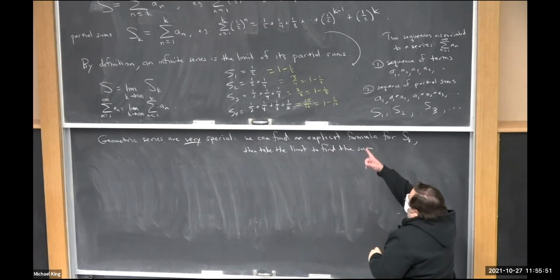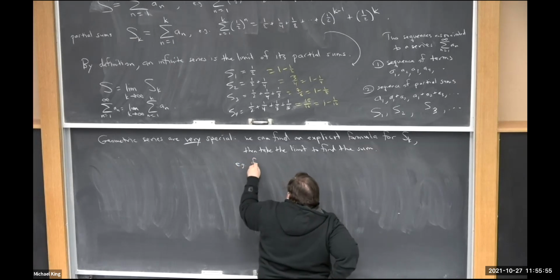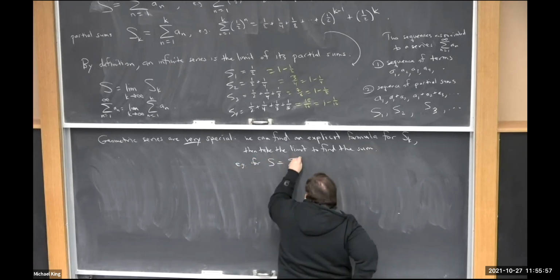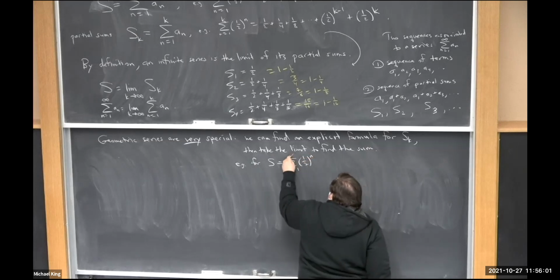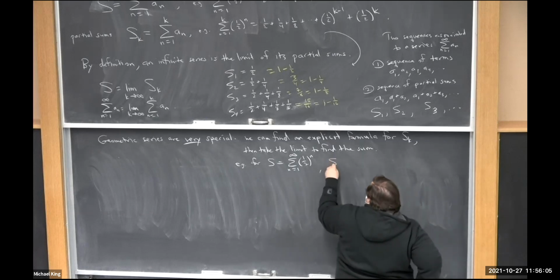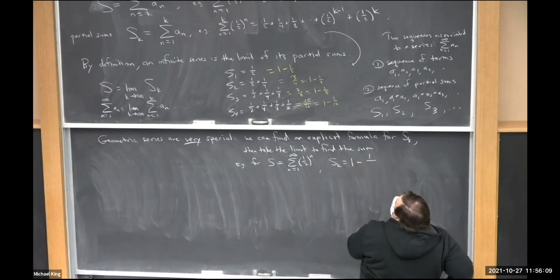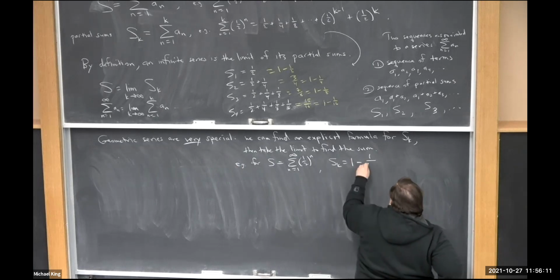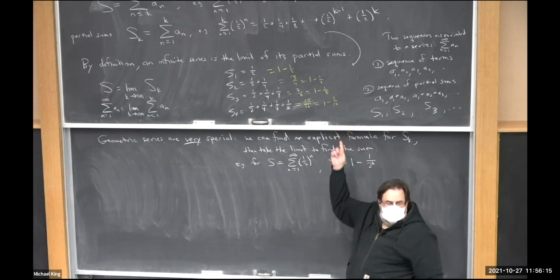So as an example, for S the sum of the powers of a half, we can see just by looking at it that S sub k is 1 minus 1 over 2 to the k. That seems to be the pattern in yellow up there.